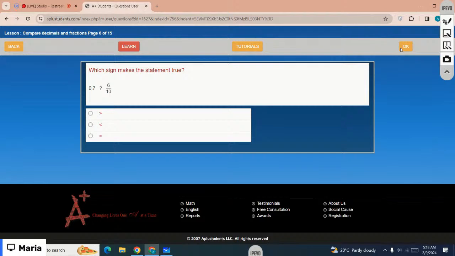So which is the correct option? 0.7 is greater than 6 over 10.